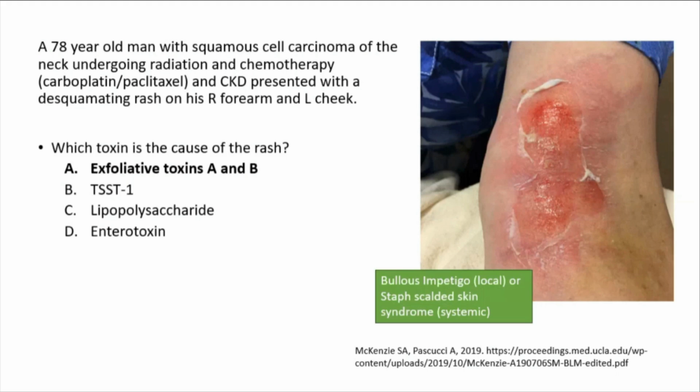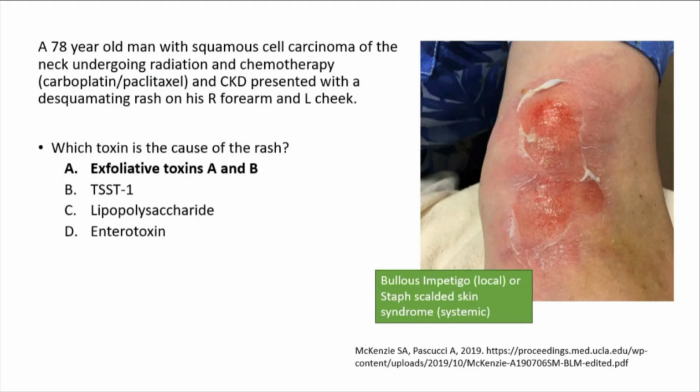Yeah, you can call it staph scalded skin syndrome, particularly if it's a systemic disease and he has multiple locations, so we're only shown one. Sometimes bullous impetigo has a similar pathogenesis, but it's more of a local eruption. And so the exfoliative toxins cause staph scalded skin syndrome.